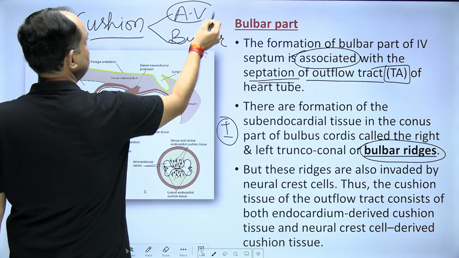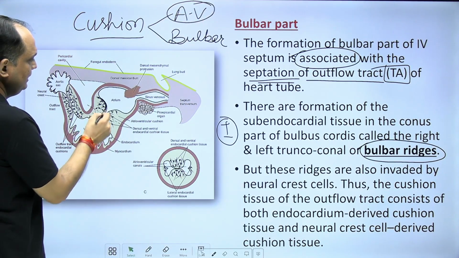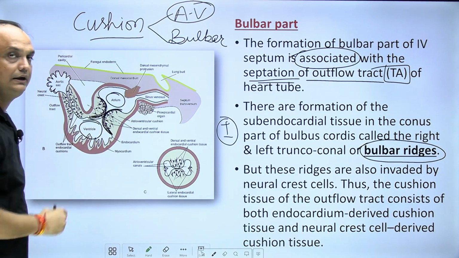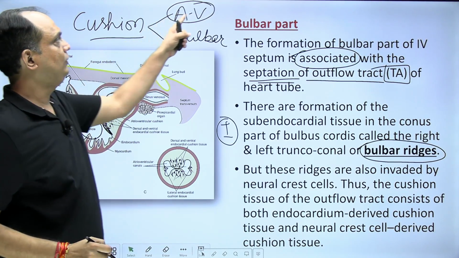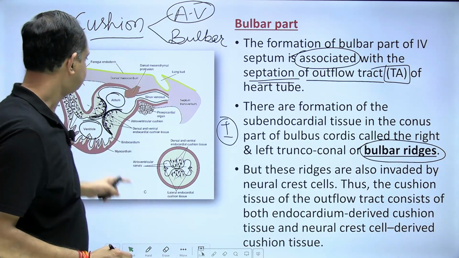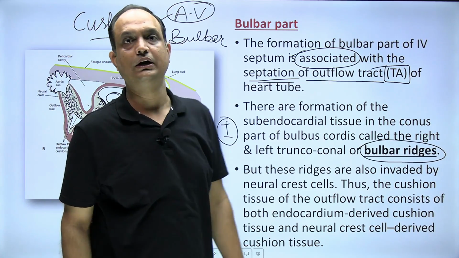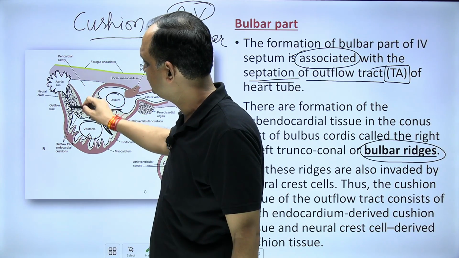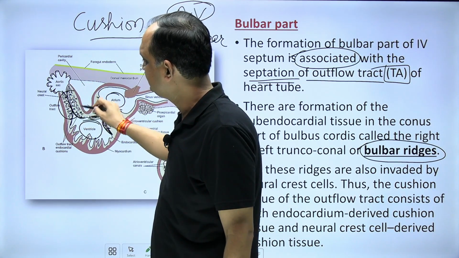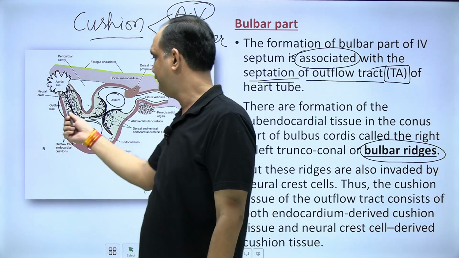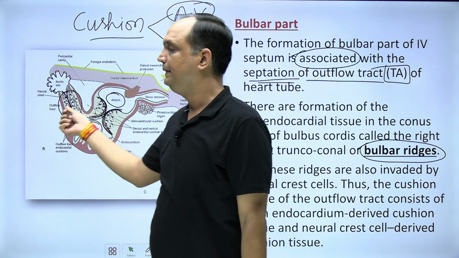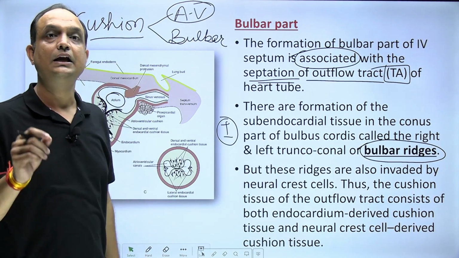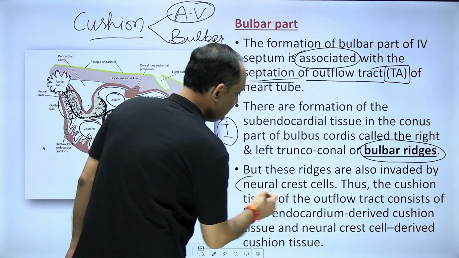These AV cushions, which are dividing the atrium and the ventricle, are known as atrioventricular cushions. But in the outflow tract, again endocardial cushions develop. But dear students, these endocardial cushions are different from the AV cushion because the endocardial cushion of the outflow tract is invaded by neural crest cells.